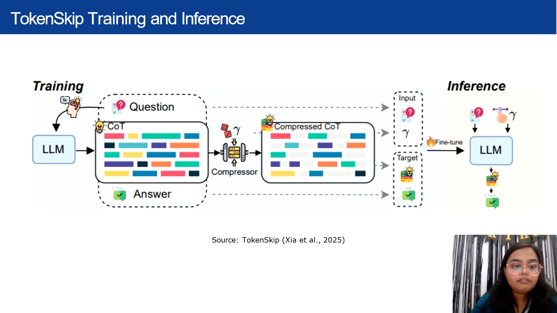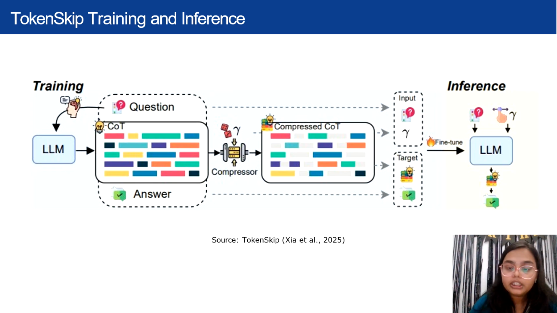So this is the main idea. The diagram visualizes the process. On the left, during training, you notice that we don't touch the questions. We take the COT response and pass it to the compressor. This removes the filler words and creates a compressed COT. Then we train the model to map the question directly to the efficient output.